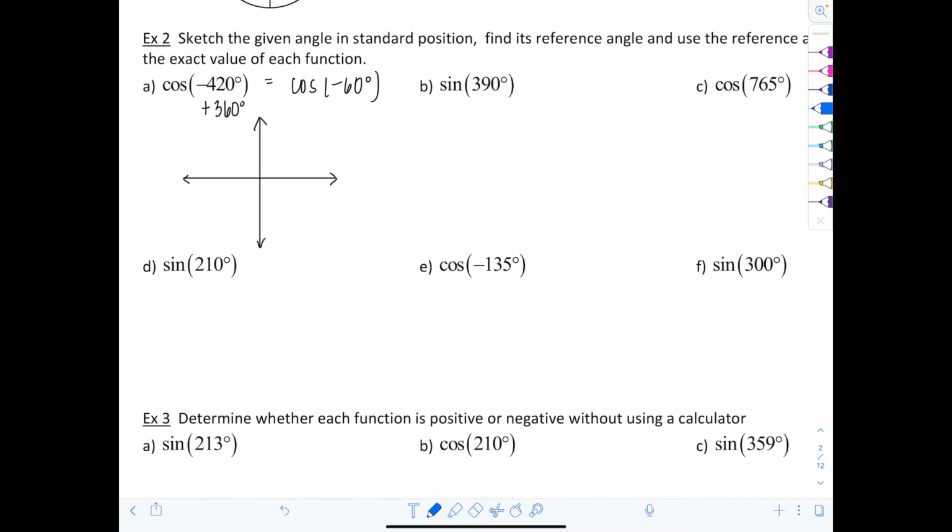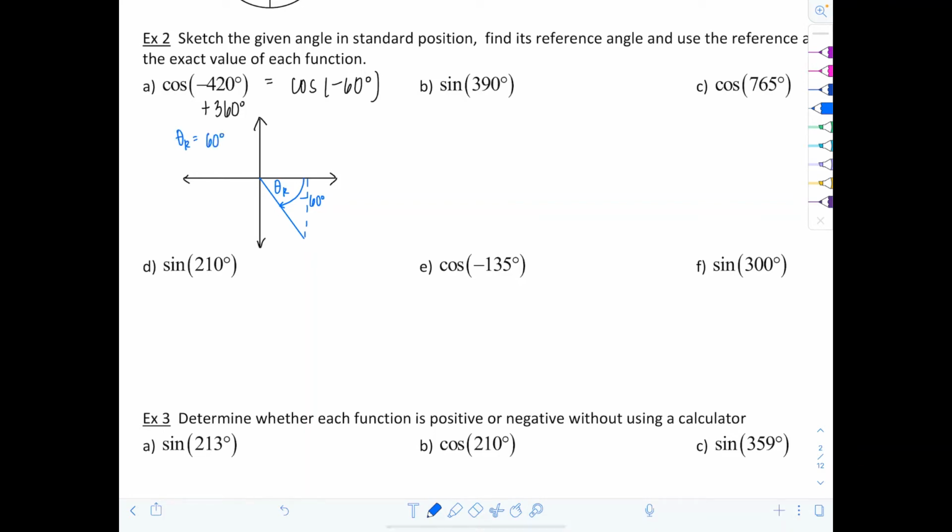So let's draw negative 60 degrees. It'll terminate here. That's negative 60 degrees. And then let's figure out what this reference angle is. The reference angle is equal to a positive 60 degrees. Let's write that down.